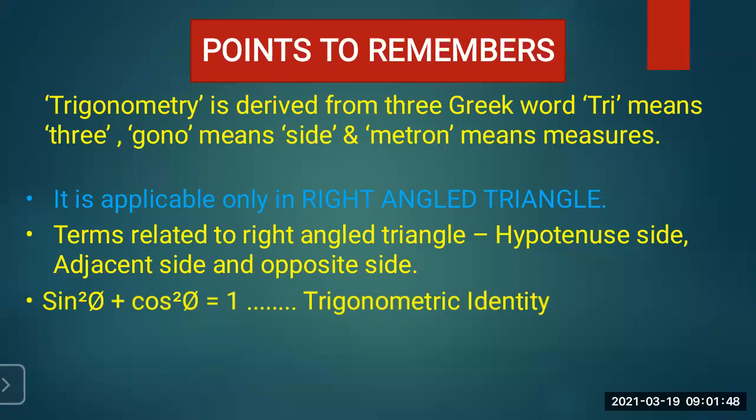But I would suggest that if a question comes and you want to find the value of cos theta, sin theta or tan theta, which are the trigonometric ratios, then you should focus more on this trigonometric identity, that is sin square theta plus cos square theta is equal to 1. This is the trigonometric identity and it is very, very important.